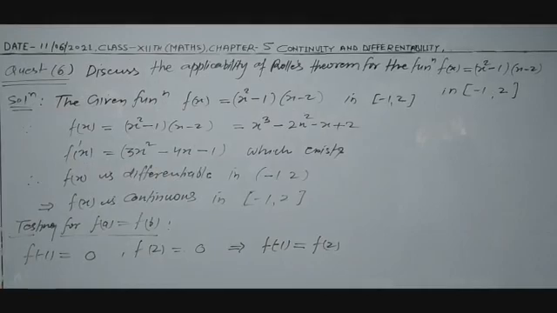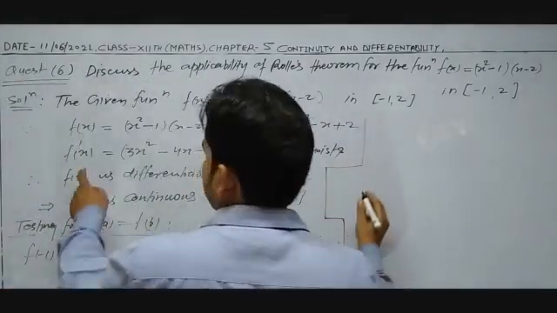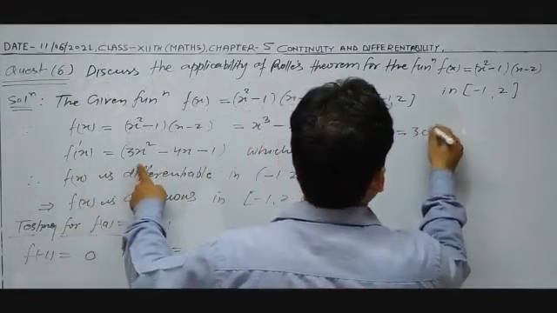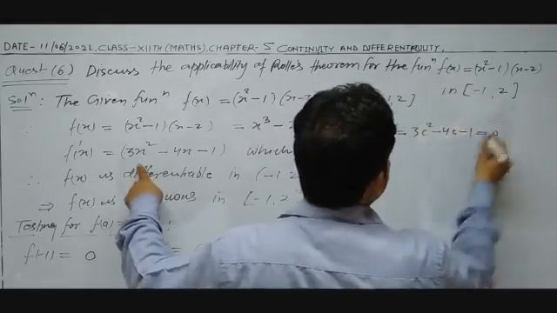So now you will calculate f'(c). f'(c) means 3c² − 4c − 1, and that will equal 0.